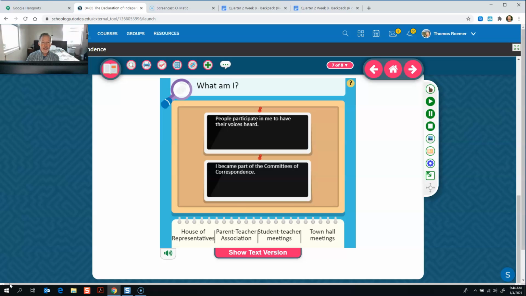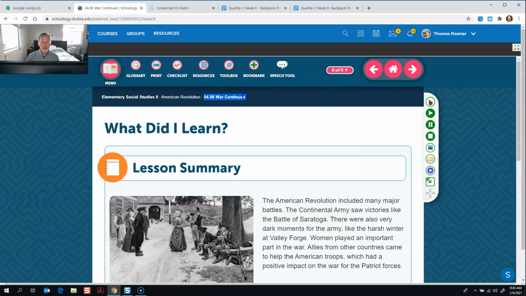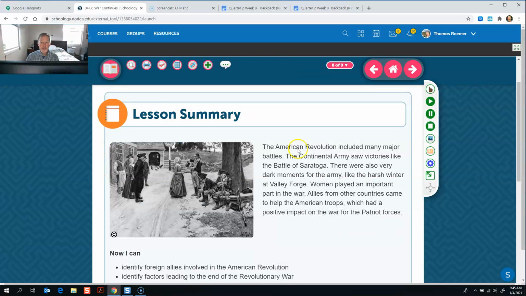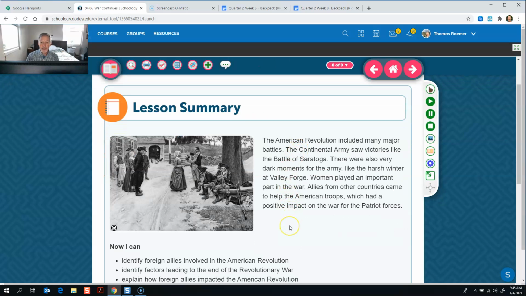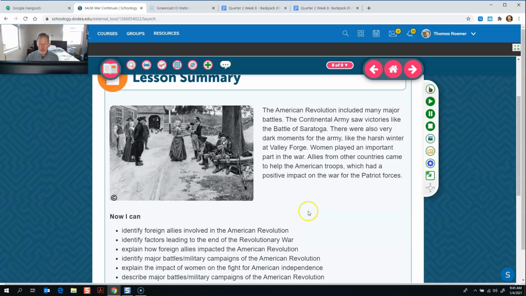I'll come back with the next lesson. All right, lesson 6, the war continues. So now we're going to be looking at battles and people who played a part in the war. Major battles: the Continental Army saw victories, like at the Battle of Saratoga. There were also very dark moments for the Army, like the harsh winter at Valley Forge.